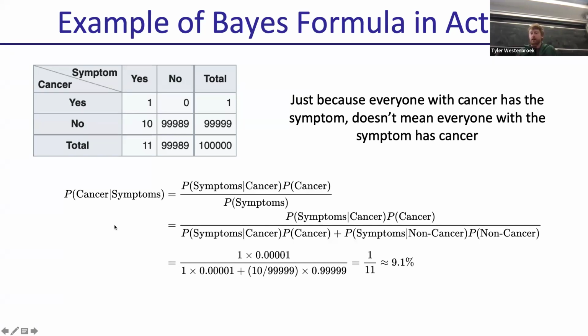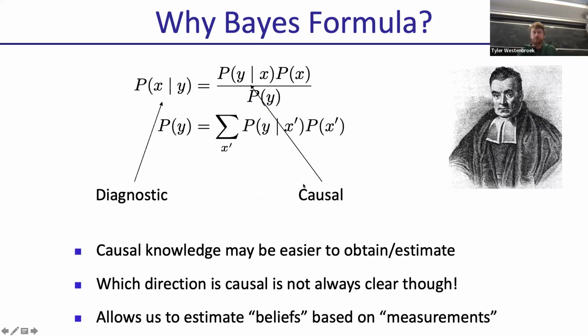But causally, the symptoms don't cause cancer. Cancer causes the symptoms. And so in a lot of cases, we can build a better model for the probability that someone has symptoms given that they have cancer. And so oftentimes it's just easier to estimate these things in this way using Bayes' formula.